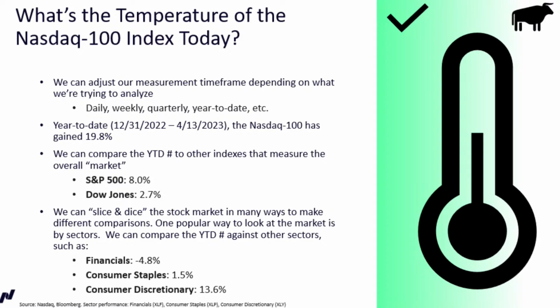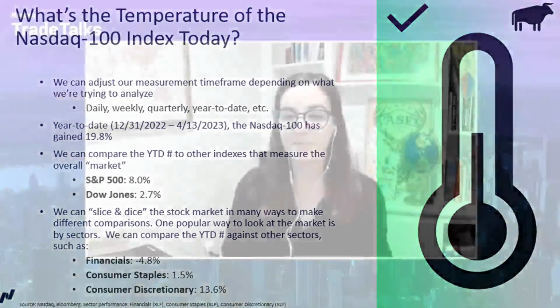When we compare that 19.8% to the S&P 500, which through yesterday's close is up 8%, and the Dow, up 2.7%, the Nasdaq 100 is outpacing both of those other indexes that some use to measure the overall health of the market. That's 11% more than the S&P and more than 17% above the Dow.